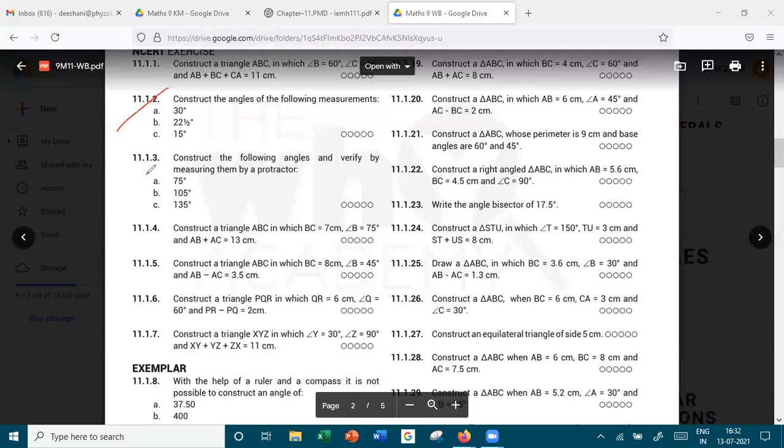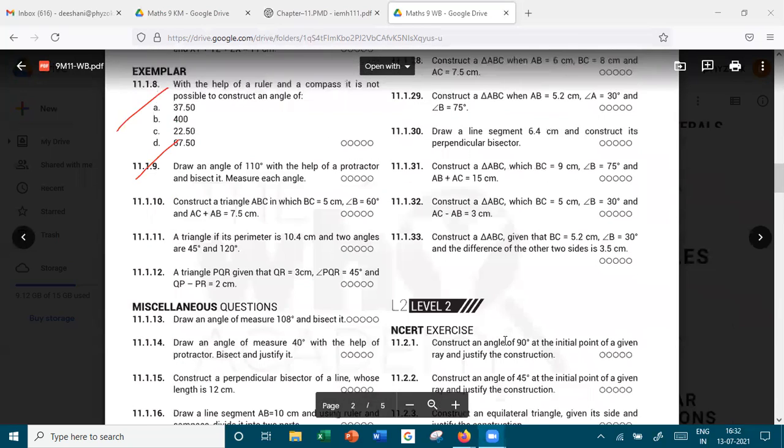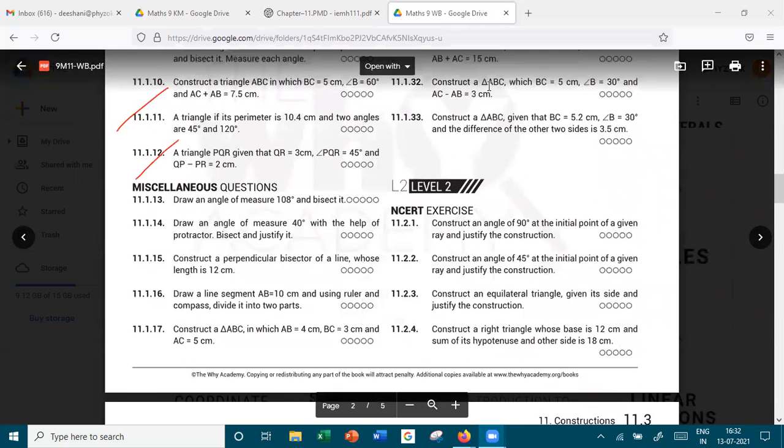So we are doing 11.1.2, 11.1.3, and then we are going to do these two, 11.2.1 and 2. Okay. This will make all the construction of angles clear and the justification part will also be clear.